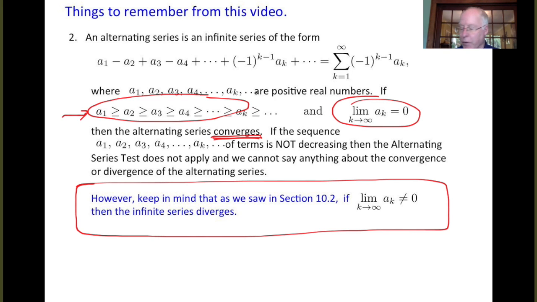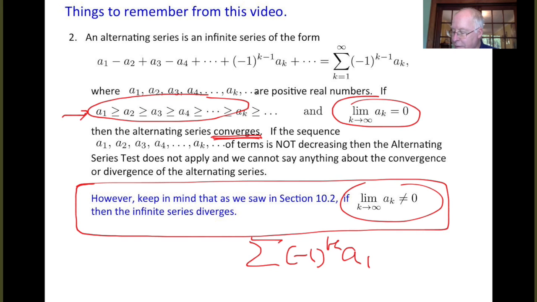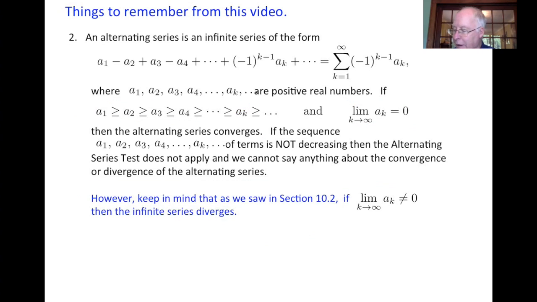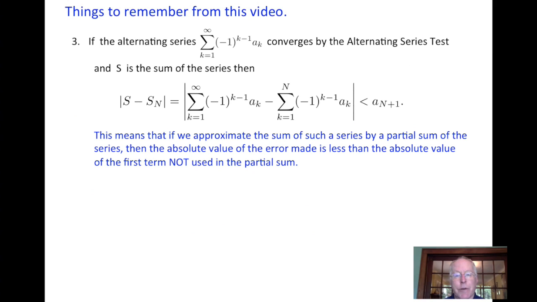Regardless of what the series looks like, if the limit of a_k is not 0, then the series, even an alternating series, will diverge. So the nth term test is always in effect, but be very careful how you use these results.